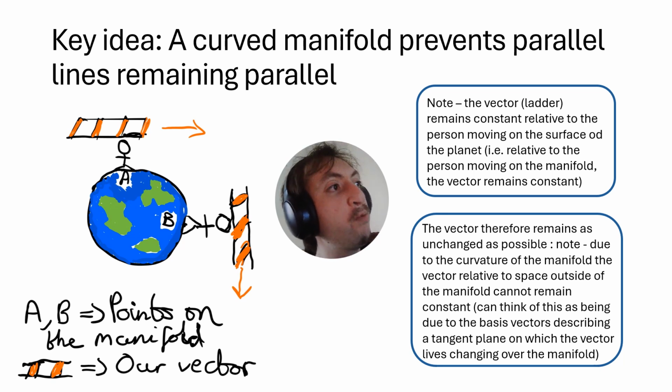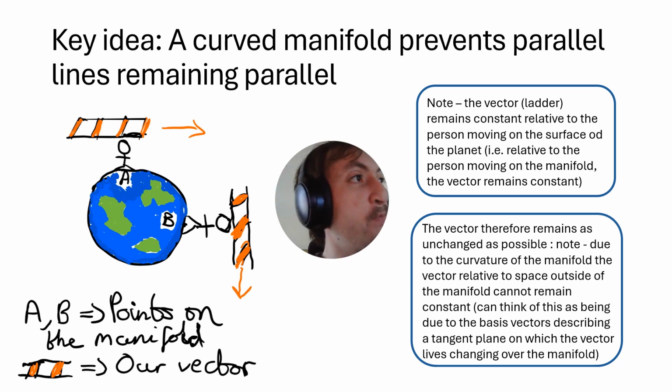And that means we can transport a vector and keep it as parallel to itself as possible, so keep it unchanged relative to somebody moving with the vector on the manifold. But yet, if the manifold is curved, we can even, for example, consider a closed loop, where if we bring our vector back to where it began, the vector isn't aligned with its original direction.